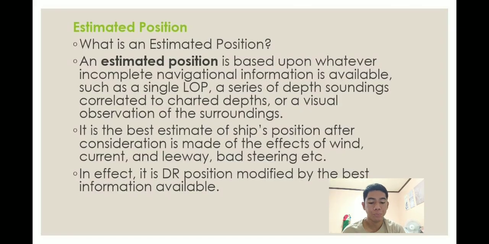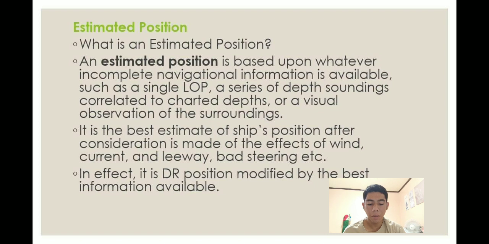Estimated position. What is an estimated position? An estimated position is based upon whatever incomplete navigation information is available, such as a single LOP, a series of depths correlated to chart depth, or a visual observation of the surroundings.